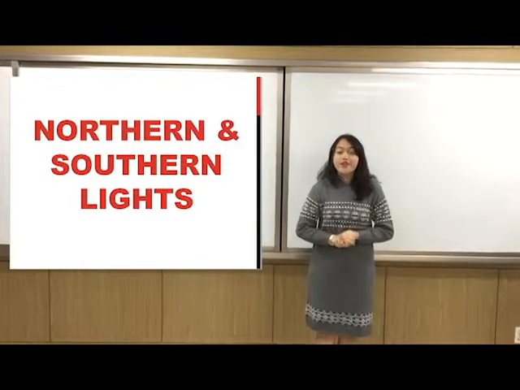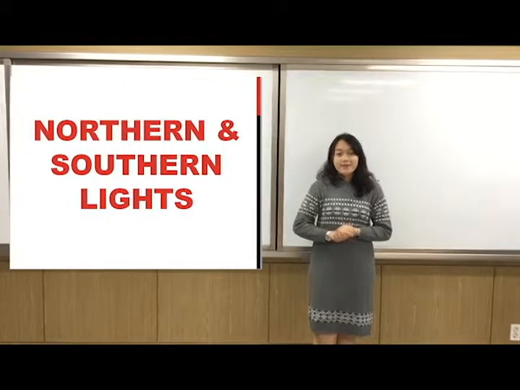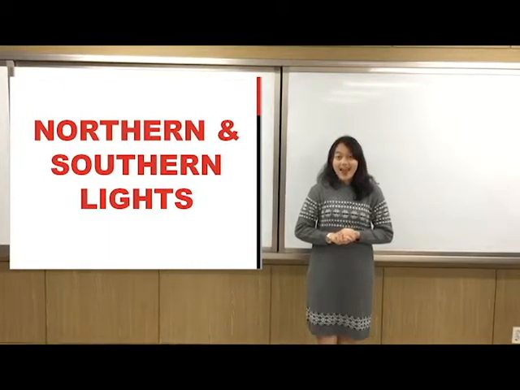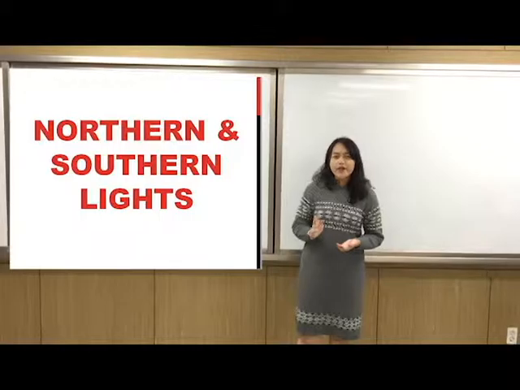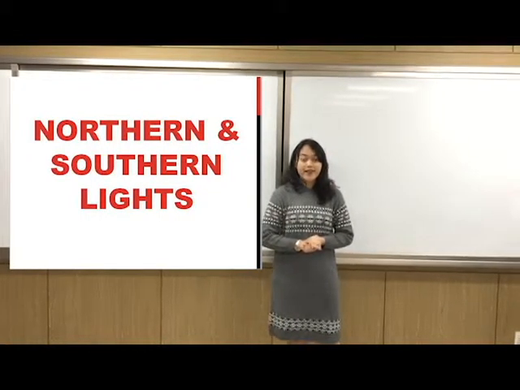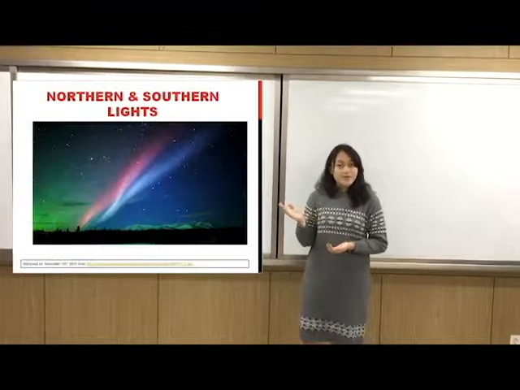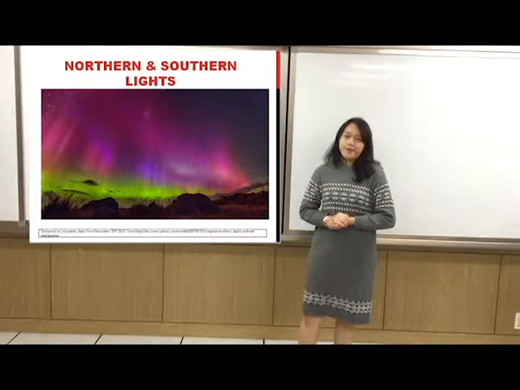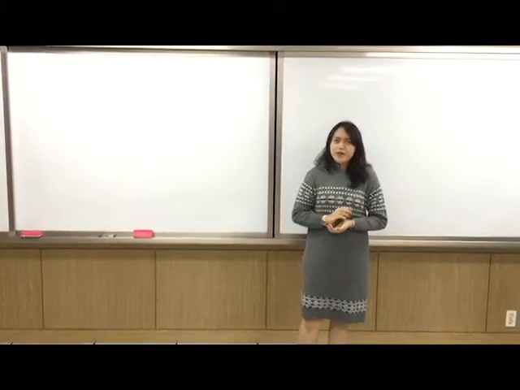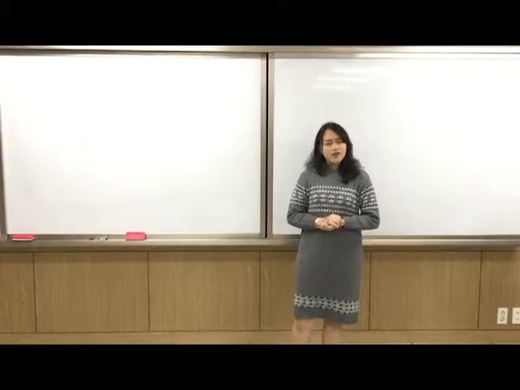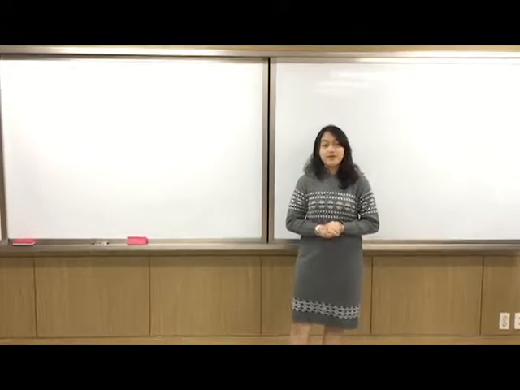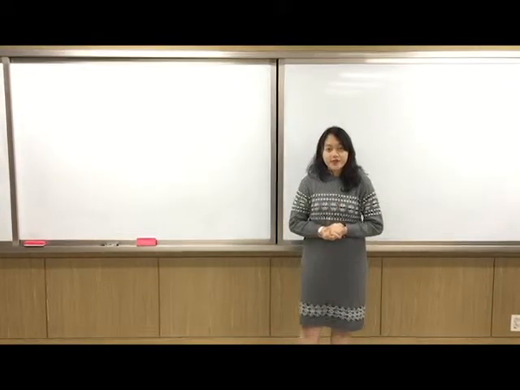So let's move on to the next aspect. This aspect is northern and southern lights. Many of you are wondering what is the difference between them, right? Besides the color, I will tell you the first picture is northern lights and the second picture is southern lights. The difference between them is the monthly occurrence.